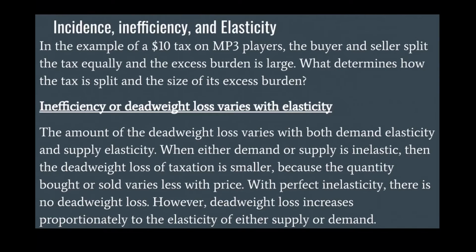When either demand or supply is inelastic, the deadweight loss of taxation is smaller because the quantity bought or sold varies less with price. With perfect inelasticity, there is no deadweight loss. However, deadweight loss increases proportionately to the elasticity of either supply or demand.